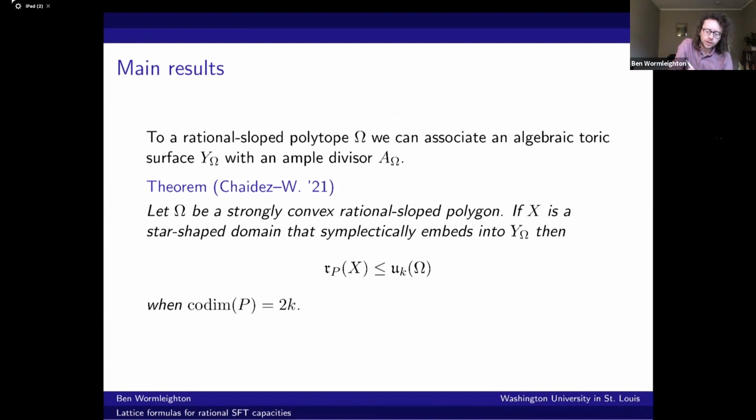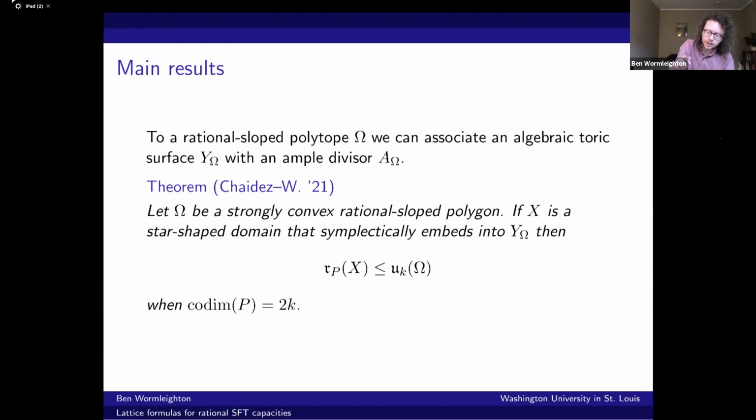So like I said, one of the advantages of having algebro-geometric formulations of capacities is that you can often extend those embedding obstructions to also cover embeddings into algebraic surfaces or algebraic varieties in general. In the case where omega is a rational slope polytope, so that means it's a polytope and the normal vectors to each facet or each edge of its polygon are rational.